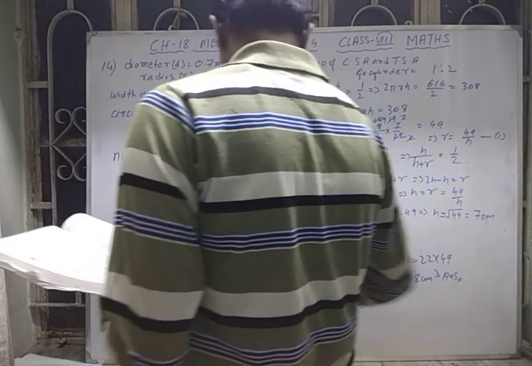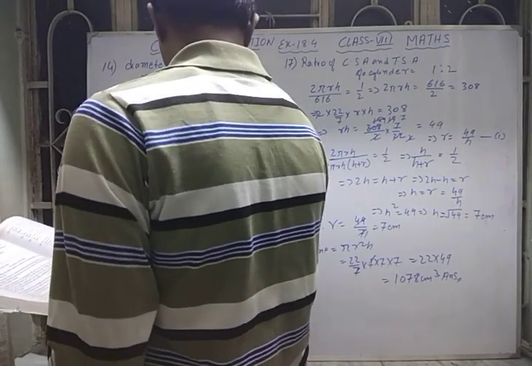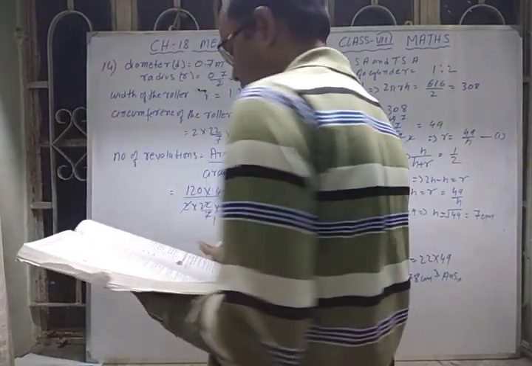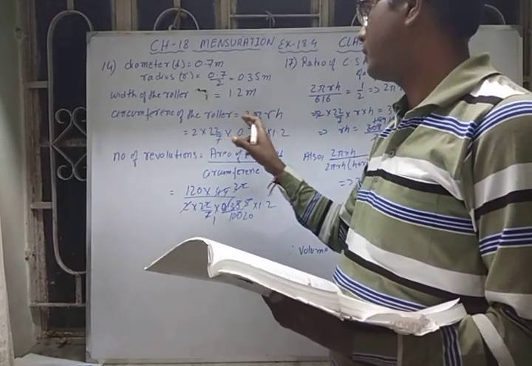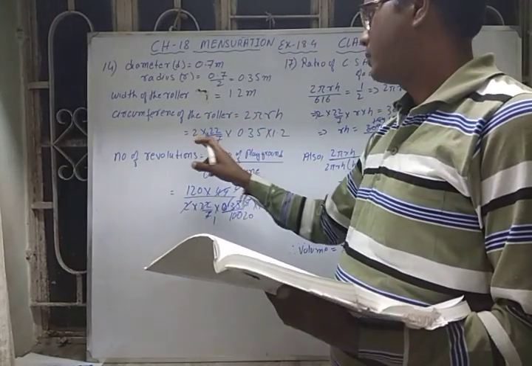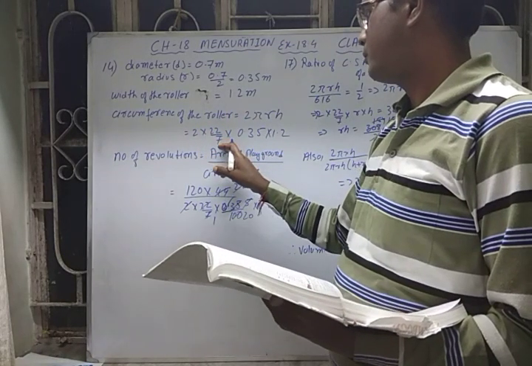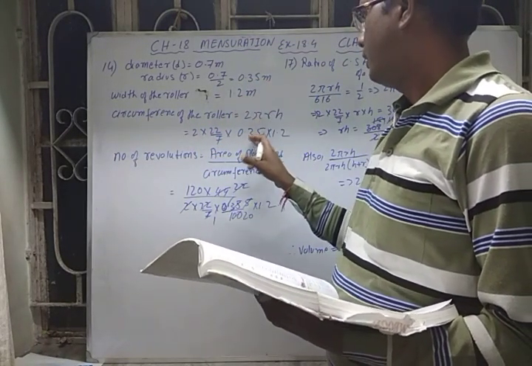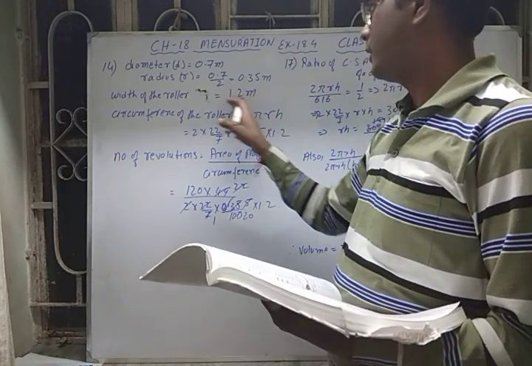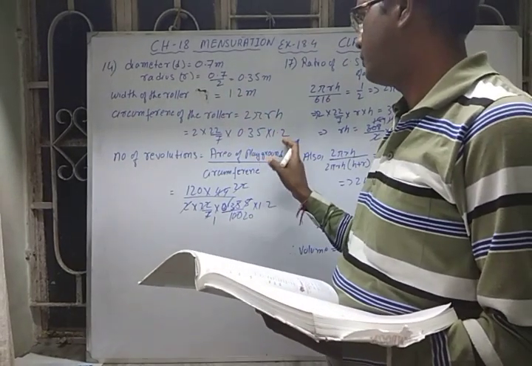So the circumference of the roller is 2 pi rh. So 2 into pi value, which is 22 by 7, the radius we have got is 0.35 meter, and the height, that is the width of the roller, is 1.2 meter.